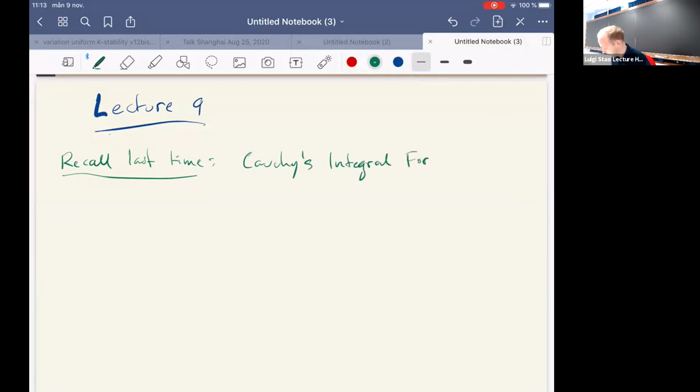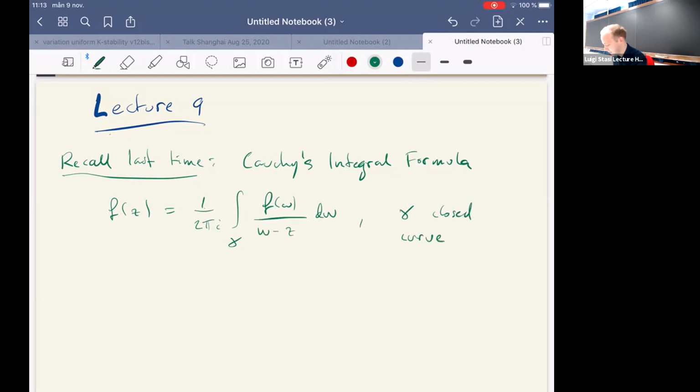Cauchy's integral formula, right? So if you remember, this was a representation formula which said the following: that f of z was 1 over 2 pi i integral along gamma of f of w over w minus z dw, where gamma is a closed curve in some domain where f is holomorphic.